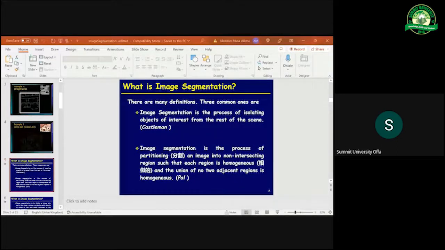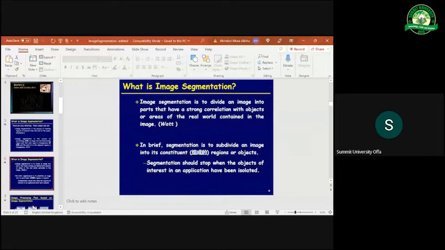So segmentation is the process of isolating objects, or the process of dividing an image into parts that have strong correlation, those that are in the same cluster. Like I've said, in Nigeria, for you to be in B grade, it means that you score between 60 and 69, so you have similar properties.